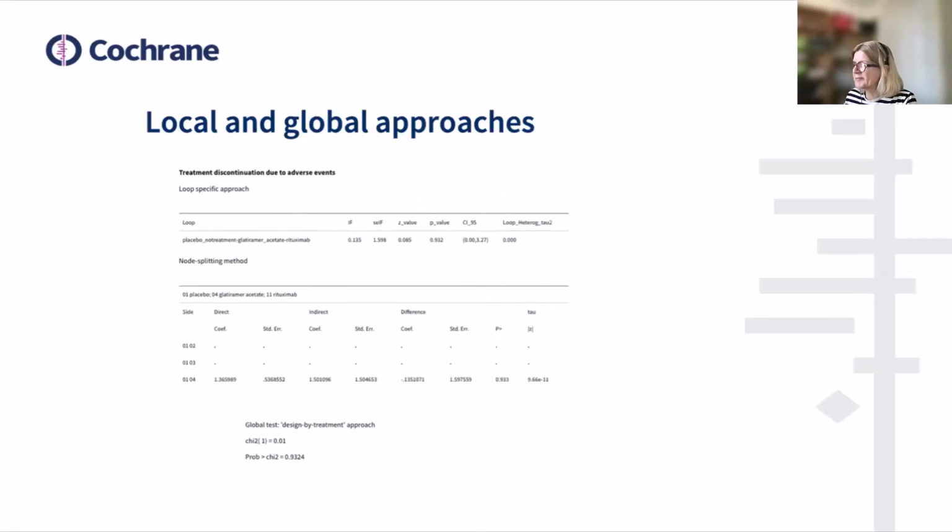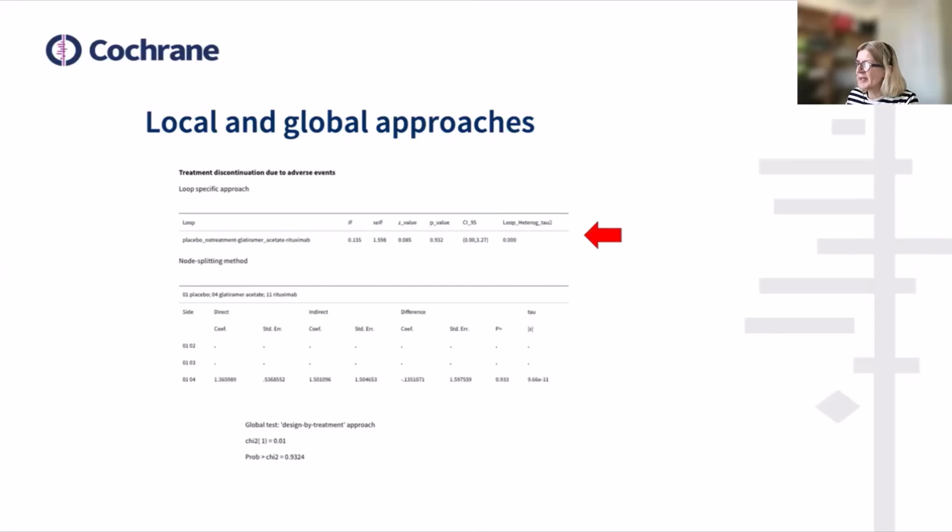Here are some snippets from the results of the inconsistency testing. The first result is from a simple test for inconsistency in the glatiramer acetate, rituximab, and placebo loop. This is a loop-specific approach and shows an inconsistency factor of 0.135.